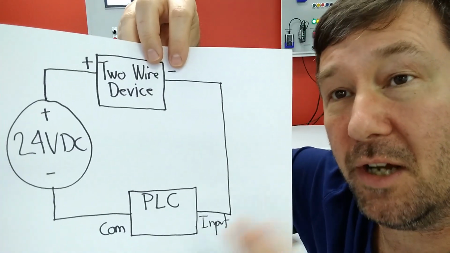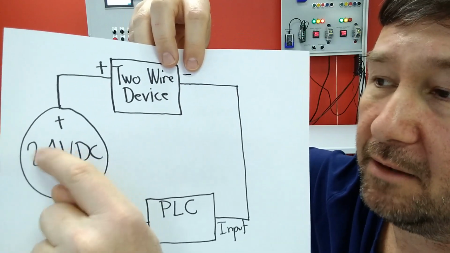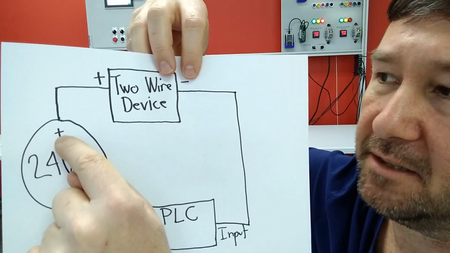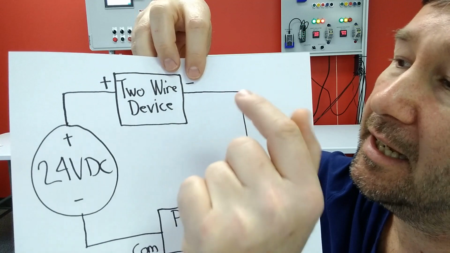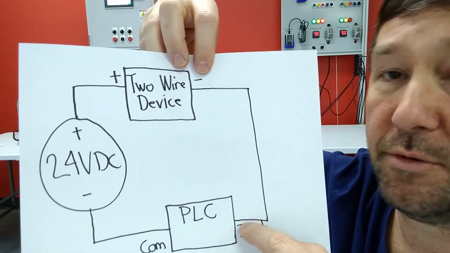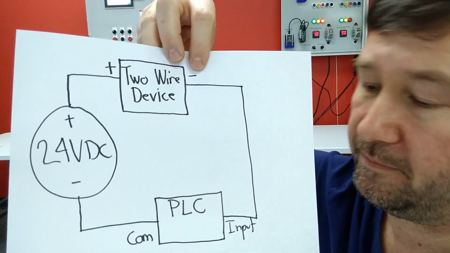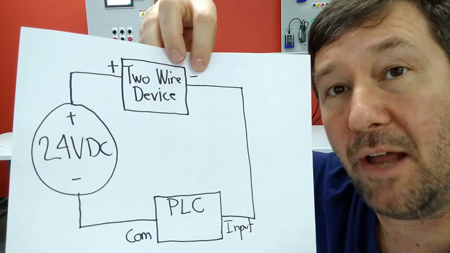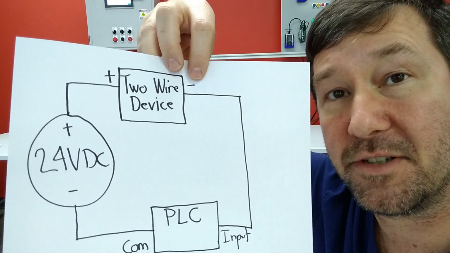Here is an example of a circuit for a current 2-wire device. We have a 24 volt DC power supply, and the plus of it will connect to the plus of the 2-wire device. Then the minus of it will connect to our PLC input, or the plus of our meter. And then our common of our PLC, or the black lead of our meter, will go back to the minus of the power supply.